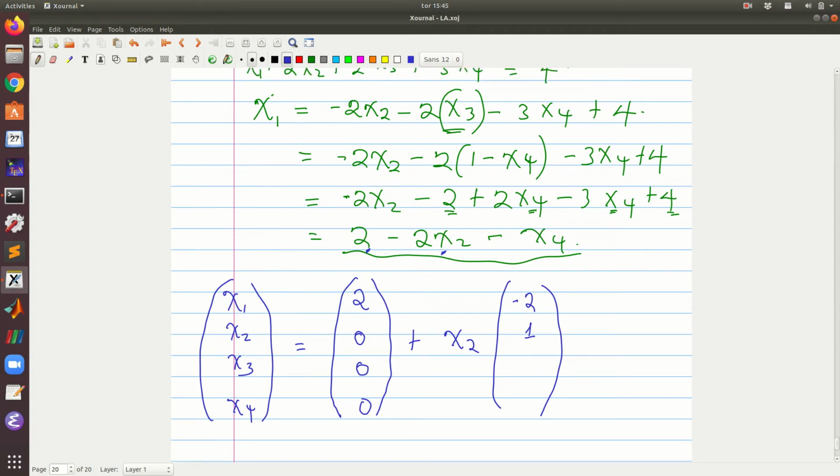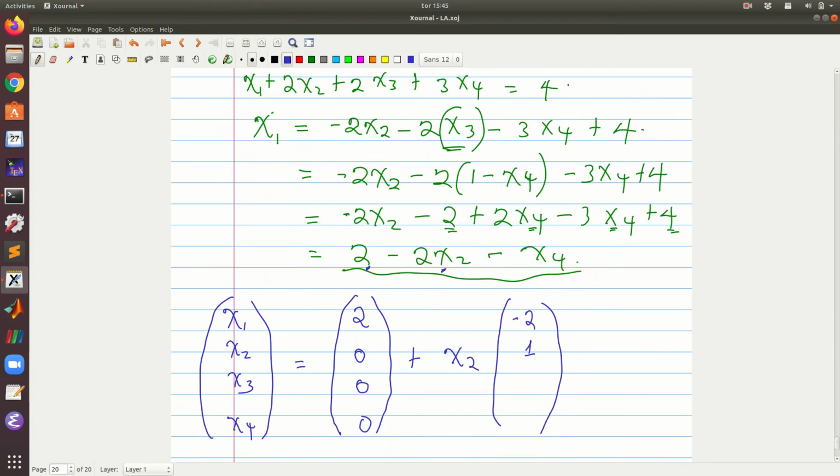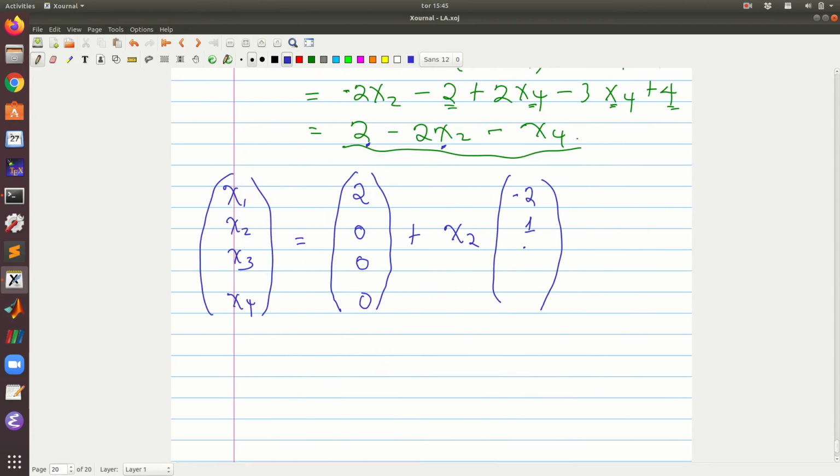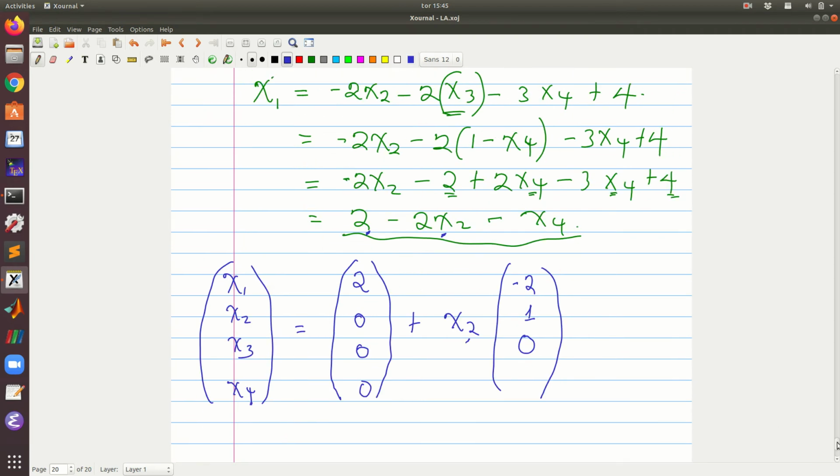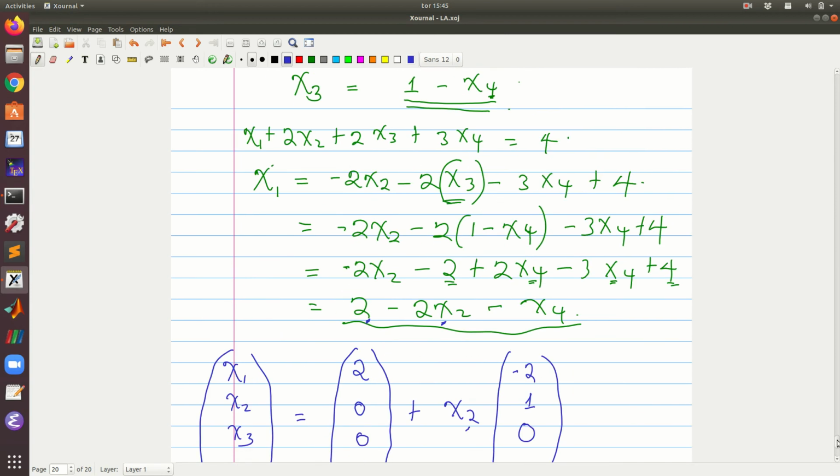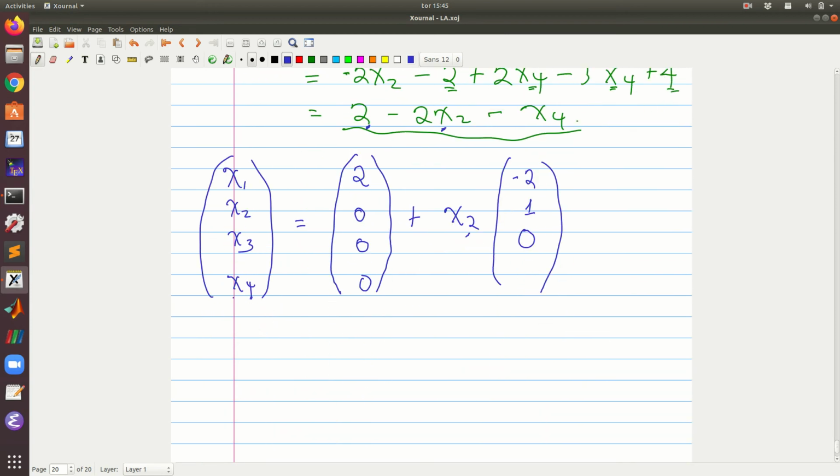What about x3? Is x3 written in terms of x2? No, so we put a 0. And then x4, is x4 written in terms of x2? No, sorry, x4 is free, so here we also have a 0. Then we have plus x4, so we can as well start here. x4 is x4, so here we have 1.